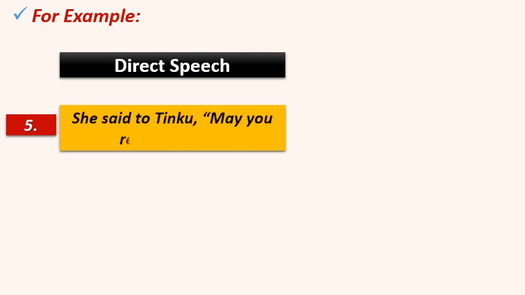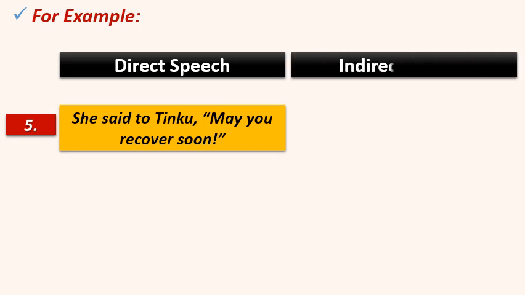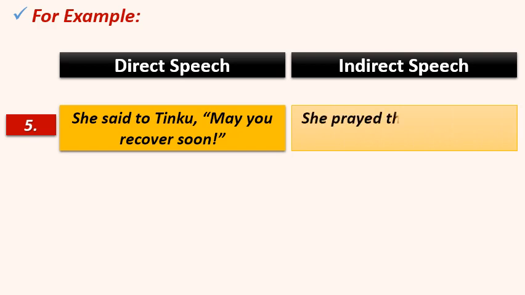So the sentence is, she said to Tinku, comma, inverted commas start, may you recover soon, exclamation sign, inverted commas close. So if the structure of the sentence in indirect speech is subject plus reporting verb plus object plus reported speech, then when we convert it, the structure will be subject plus exclaimed or verb plus object plus that plus reported speech.